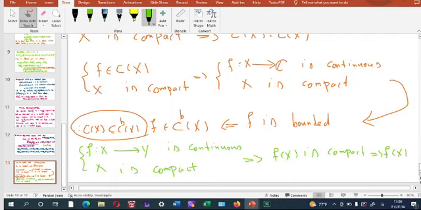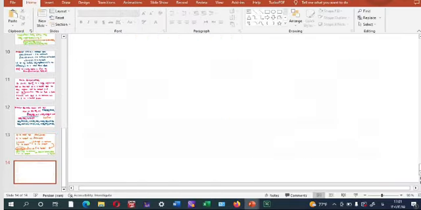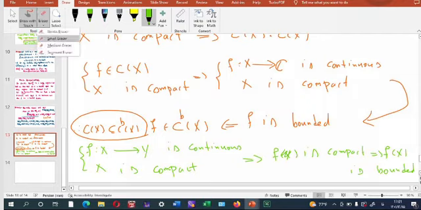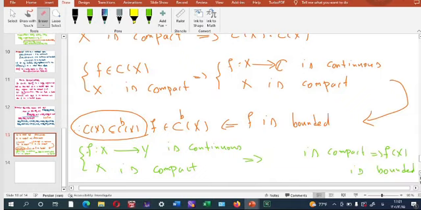F of X is bounded. Okay? Please note that F of X is a subset of the complex numbers.